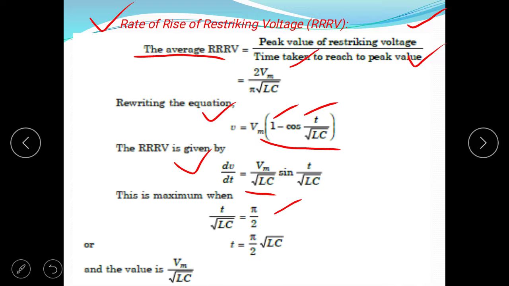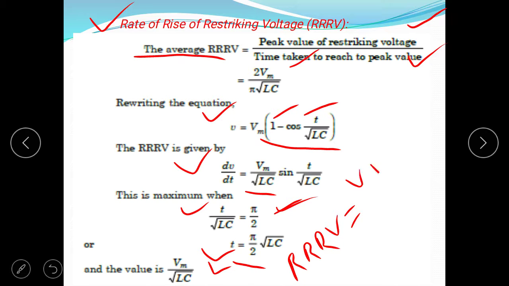Sin theta equal to 1 means theta is equal to 90 degrees, that is pi by 2, which is possible when t upon under root LC is equal to pi by 2, or t is equal to pi by 2 under root LC. And the value is Vm upon under root LC, meaning the final or maximum value of RRRV is Vm upon under root LC.